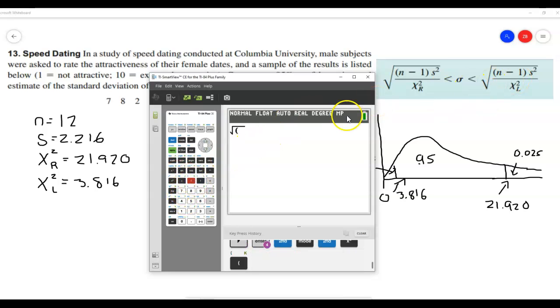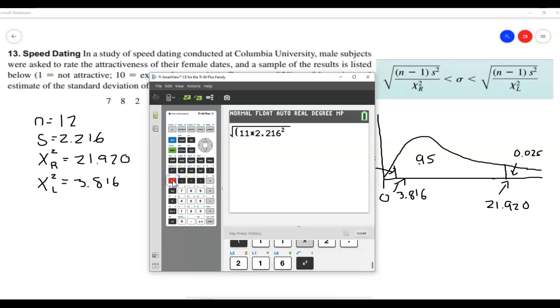Now n minus 1, that's just going to be 12 minus 1, which is 11, times s squared, that's going to be 2.216 squared, like this, and then close parentheses. So this is the whole top in parentheses, and then divided by just this critical value here. It looks like it's squared, but that's not actually being squared.